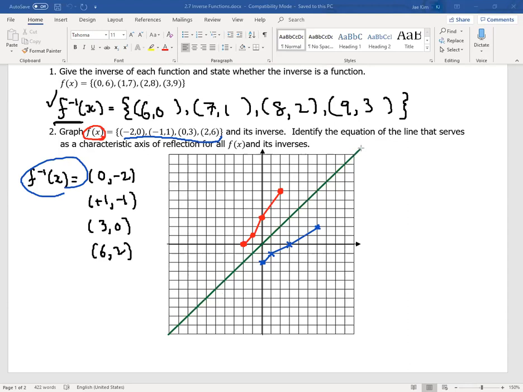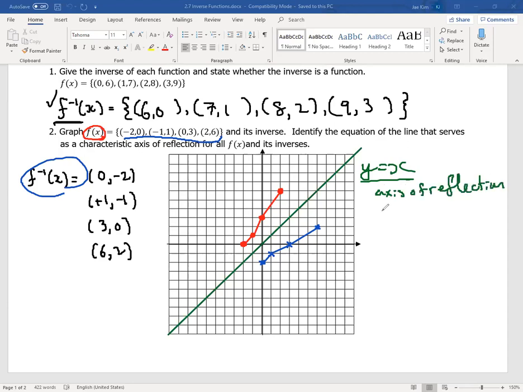Here's my mirror, right there. What's the identity of this line? Yes. The mirror is that. Graphically, an inverse function is basically whatever function you have flipped with y equals x as the axis of reflection.